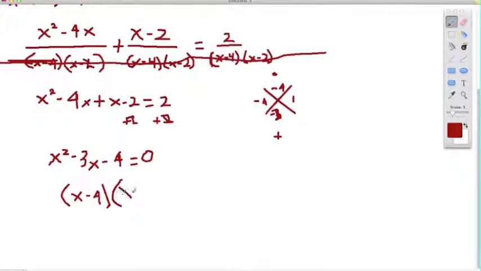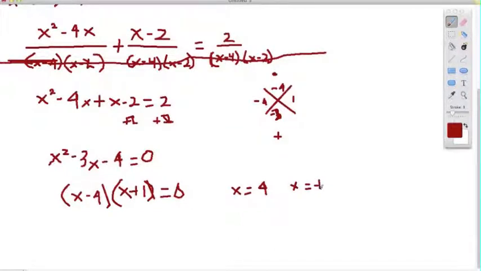And x plus, x plus, equals 0. So x turns out to be 4, and x turns out to be negative 1.